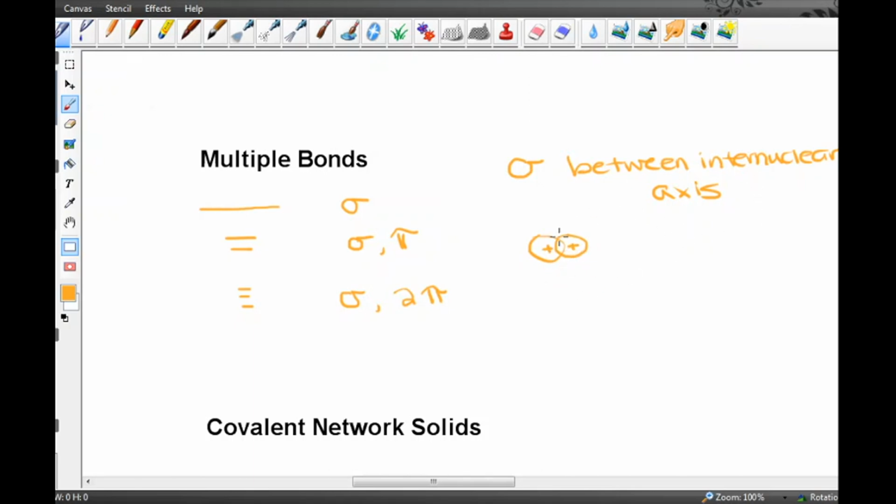So when you have this overlap between the nuclei, that's what we're talking about when we're talking about a sigma bond. And when you're talking about a pi bond, you're talking about orbital overlap above and below the internuclear axis.